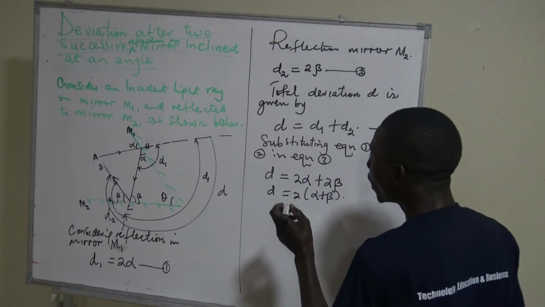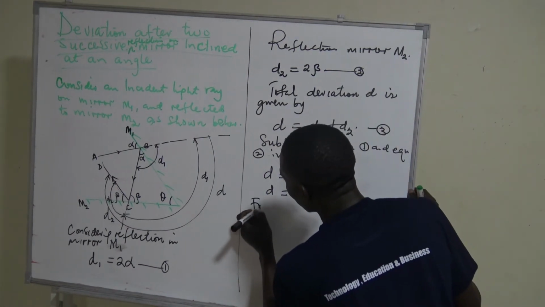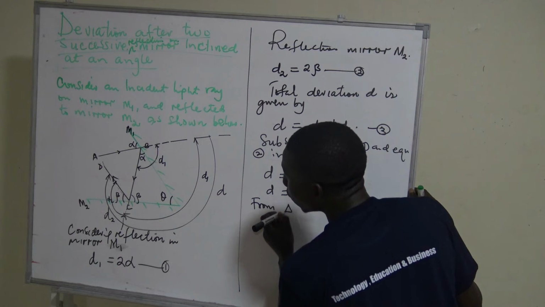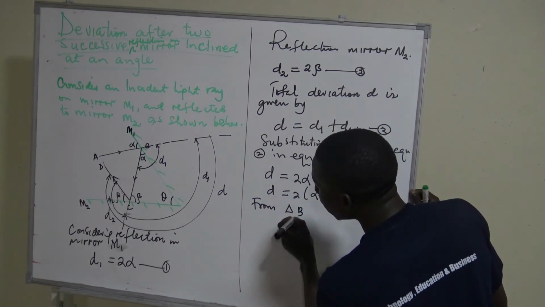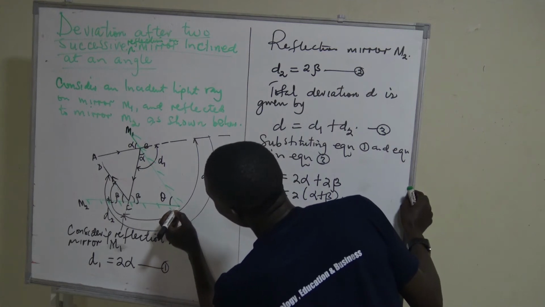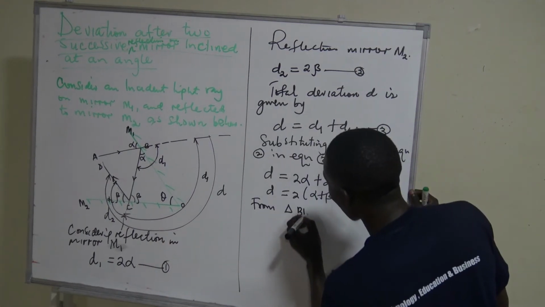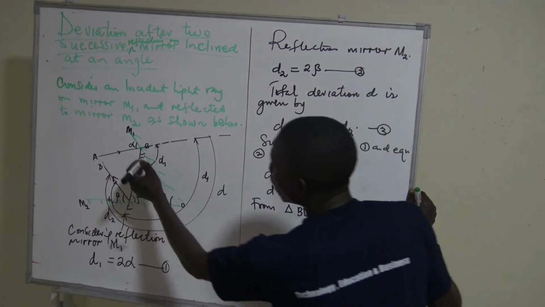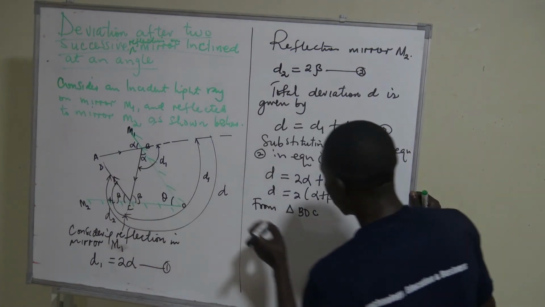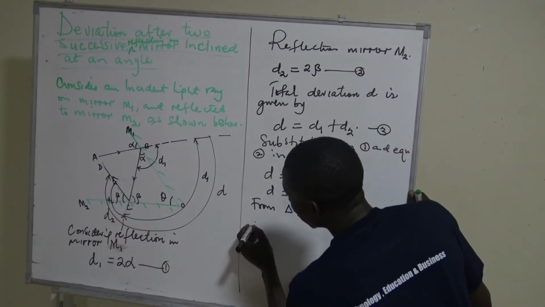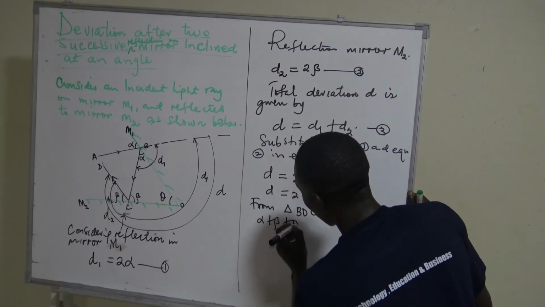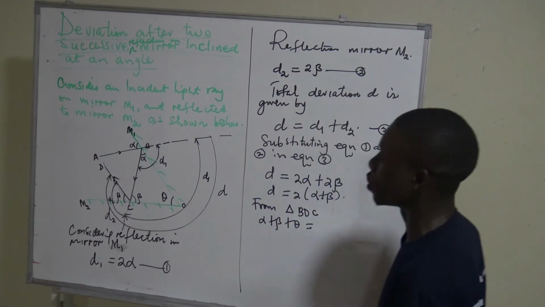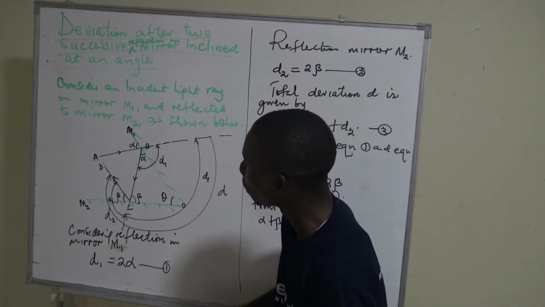Then if we consider the triangle with this point O, it is very true that alpha plus beta plus theta, the total angles in a triangle, add up to 180 degrees.